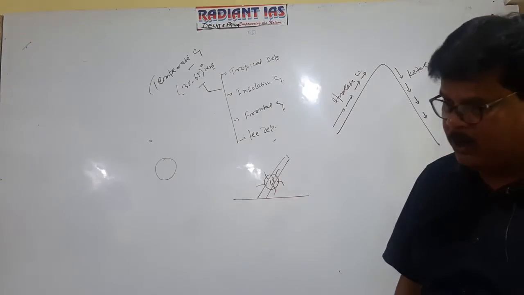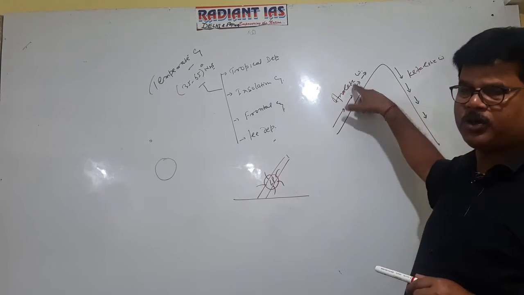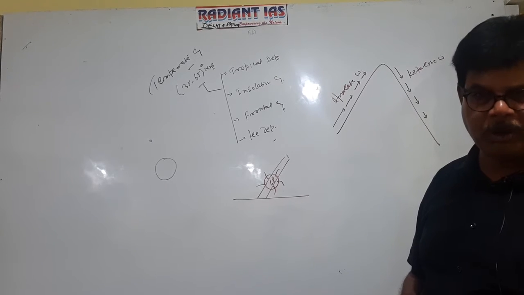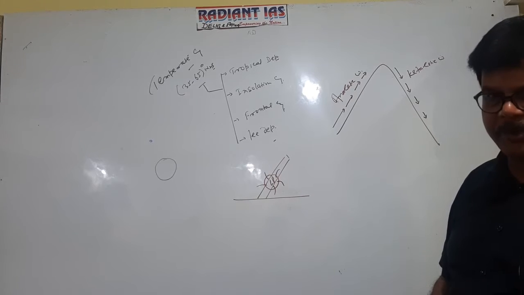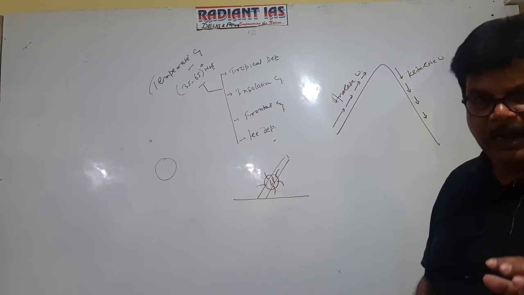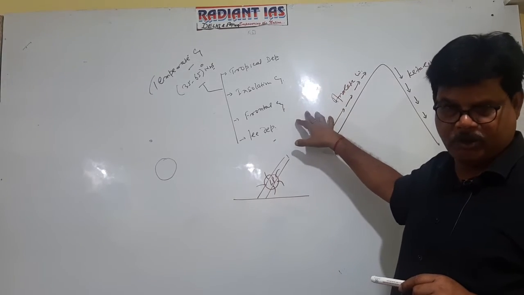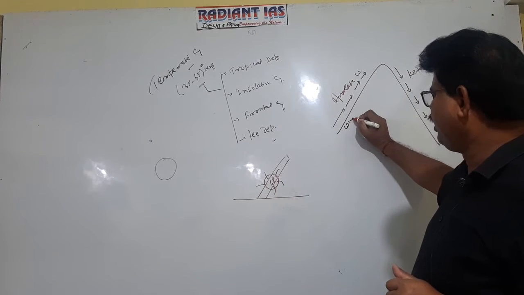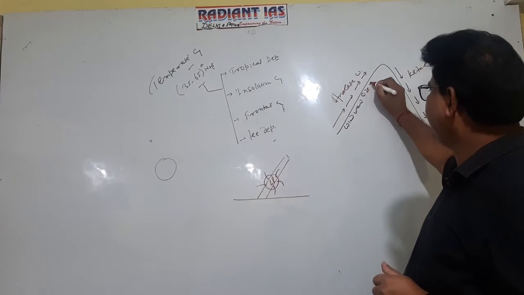Getting well now? You see, when the wind ascends along the slope of the mountain, it will have to work against the gravitational pull of the earth. Okay? So consequently, its temperature will reduce. Okay? And it will condense to form cloud and precipitation may occur. Okay? This side is referred to as the windward side of the mountain.